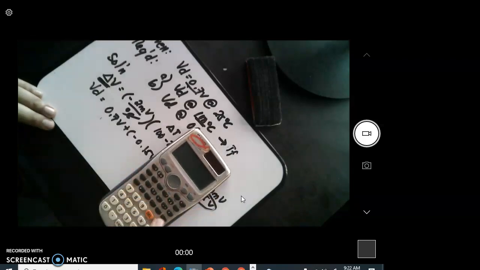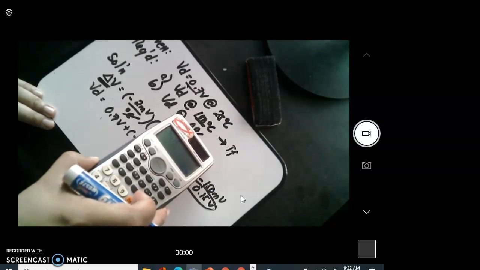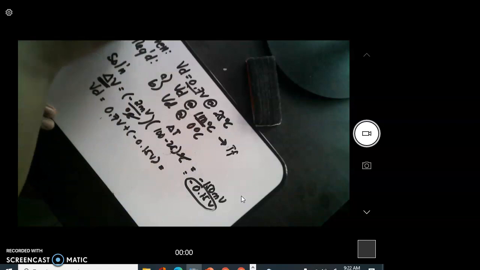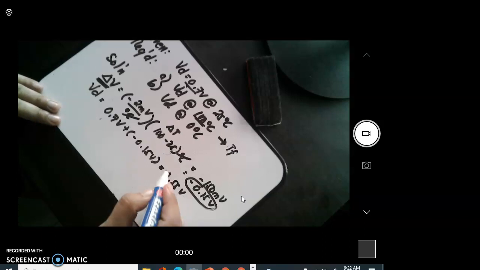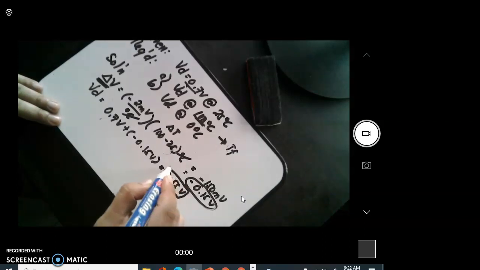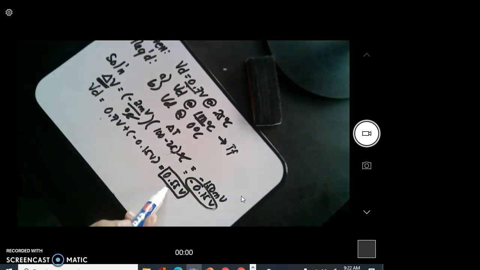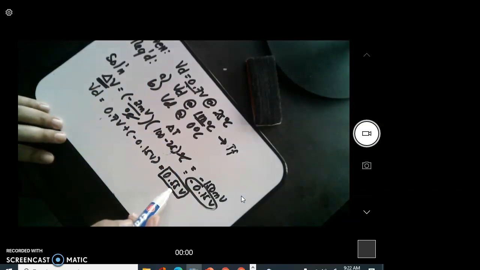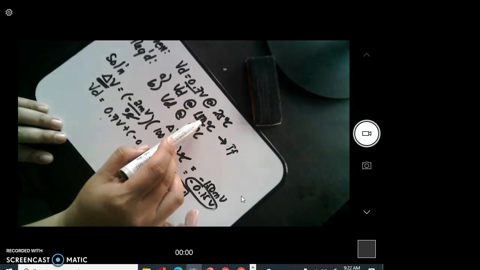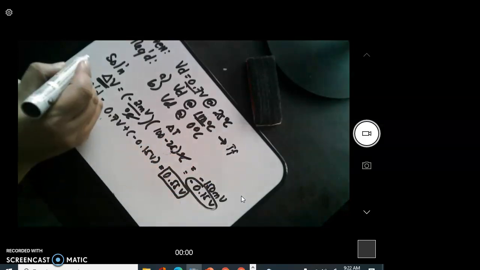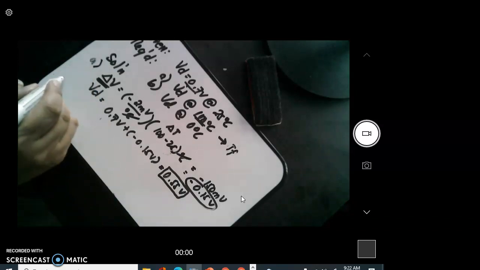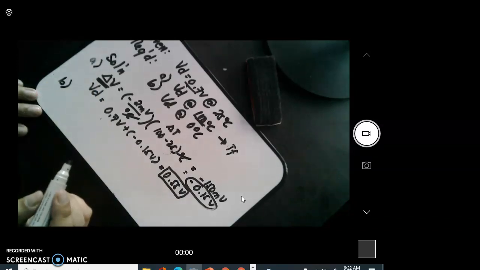So we have now 0.7 volts minus 0.15, and that will give us a value of 0.55 volts. So what did you observe? What we have observed is the barrier potential from 0.7 volts decreases to 0.55. What is the reason? It's because your temperature increases. Alright? So that is the principle that was discussed before we solve this problem. Now, that is the solution for letter A. Now, let's proceed with our solution for letter B.